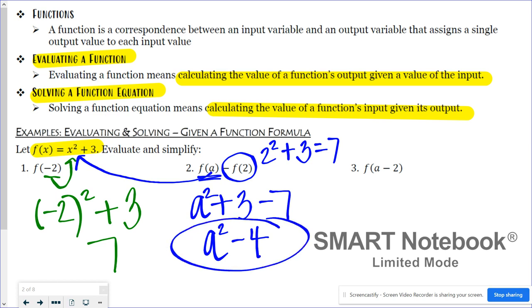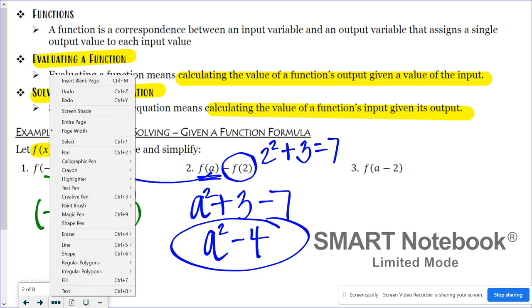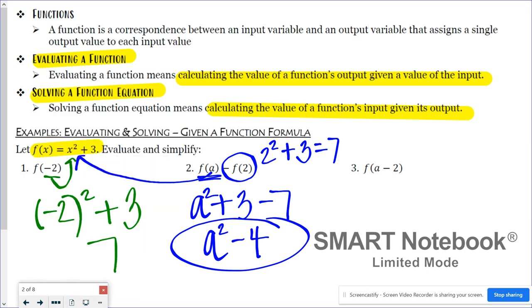Okay, so we didn't see anything like this in the last chapter. In the last chapter, we were always substituting in actual values and not variables. Or in the case of number 3, variable quantities. All right, but just keep in mind the idea when we evaluate a function. We replace x with whatever's inside the parentheses.